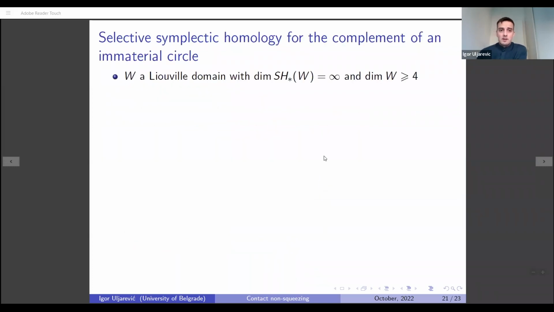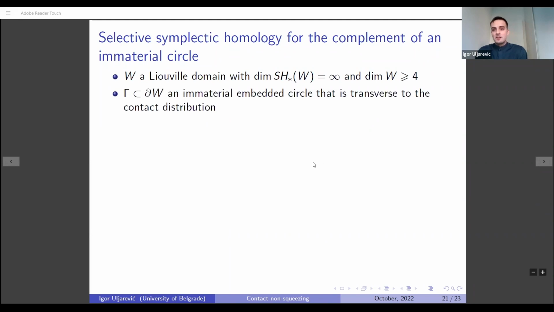Now let us take a Liouville domain W that has infinite dimensional selective symplectic homology and whose dimension is at least 4. Now let us take an embedded circle that is immaterial and transverse to the contact distribution.